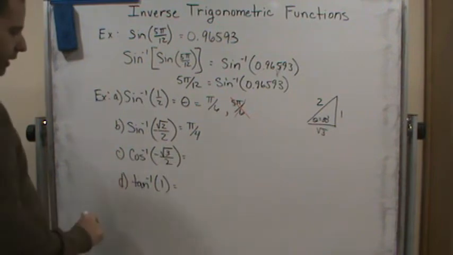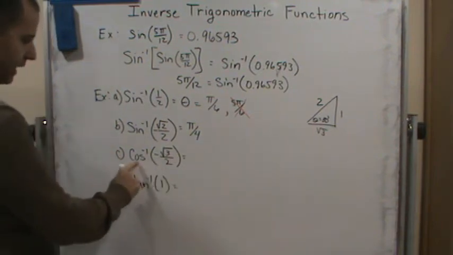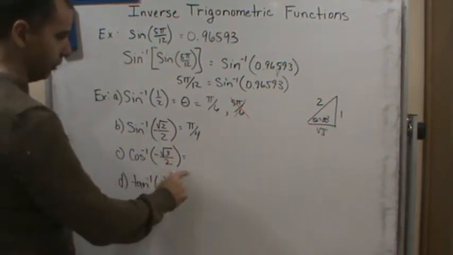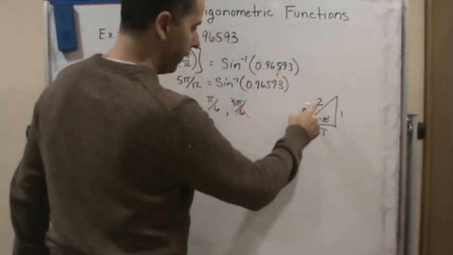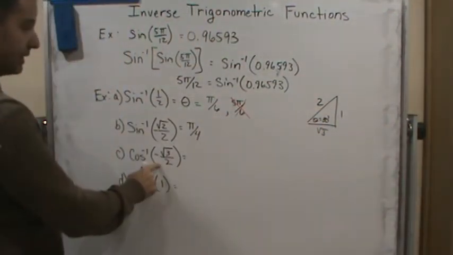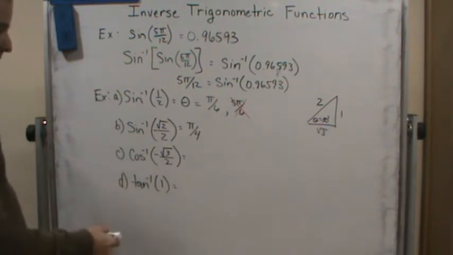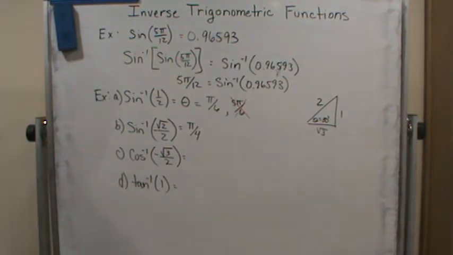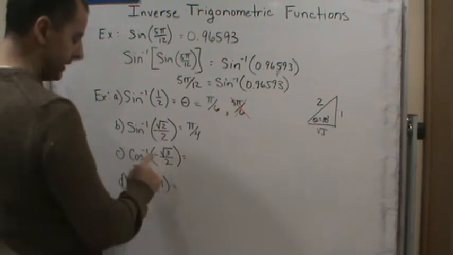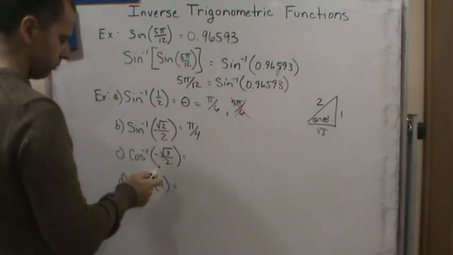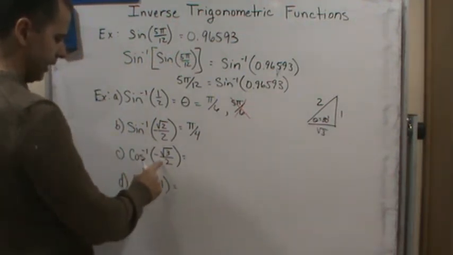Now cosine. Now here, what's this? Cosine is adjacent over hypotenuse. Adjacent over hypotenuse. So that means this is going to be what? Well, it's going to be a 30 degree angle again. But listen, it's negative.